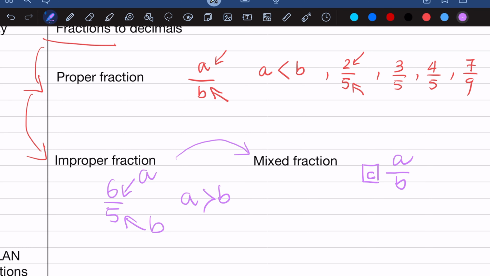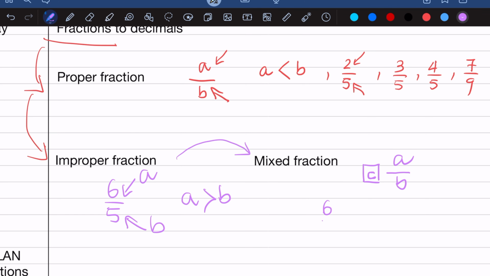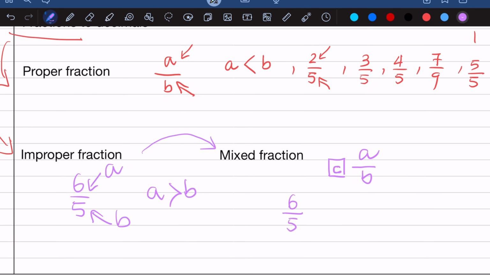So let's try and convert our 6 by 5 into a mixed fraction. Well, we're going to have to divide 6 by 5 like this. How many times does 5 go into 6? Once. We get a quotient of 1. I'm going to write a Q on top.